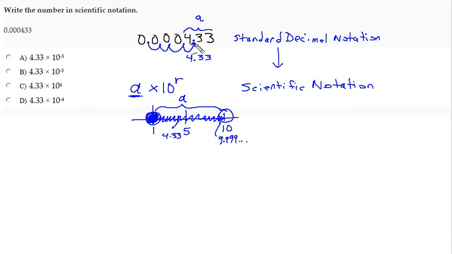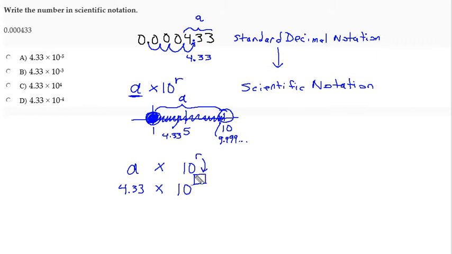But when you move it just to the right place, you create a number between 1 and 10, 4.33. So our a number, if we revisit the format of the scientific notation number, is 4.33 for this number. Now we just need to find out what number we need to place for r.